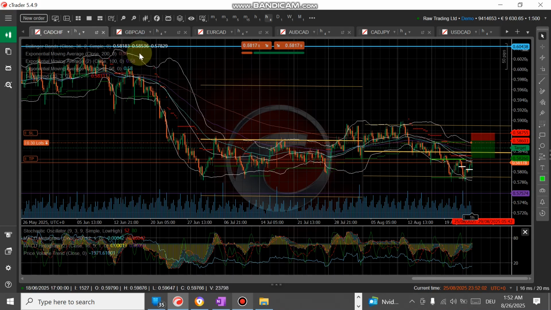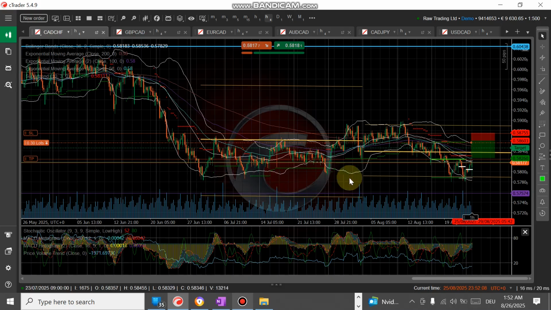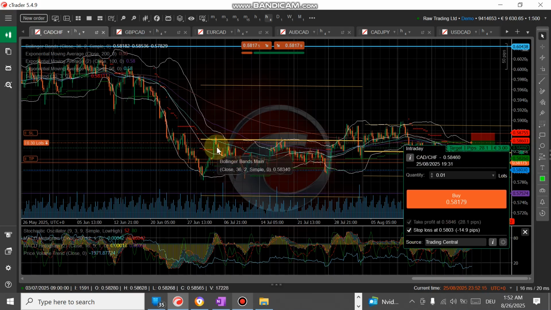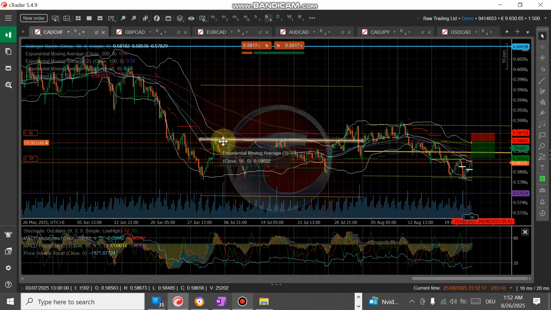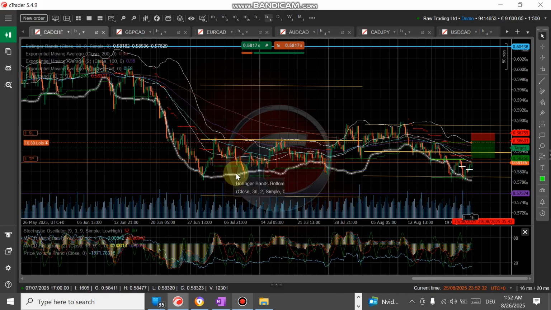So this is where I'm taking the order, sell limit for CAD Swiss franc, because I think they will pull back. This is the intention to go down. This is the test, let's go demand, and then rebate discount.